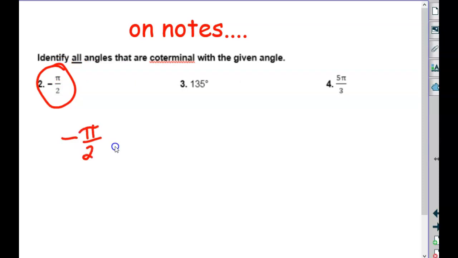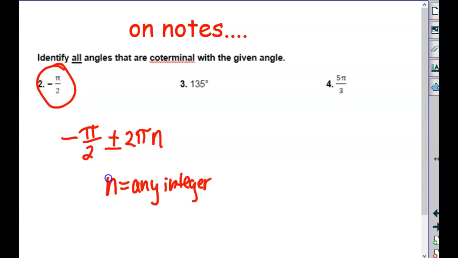So if we wanted to name every angle ever that was coterminal with that, we would add on rotations that are in radians, which would be what? 2 pi. That's 1 rotation, okay? But because it wants all of them, we're going to put an n on here and say n is any integer.